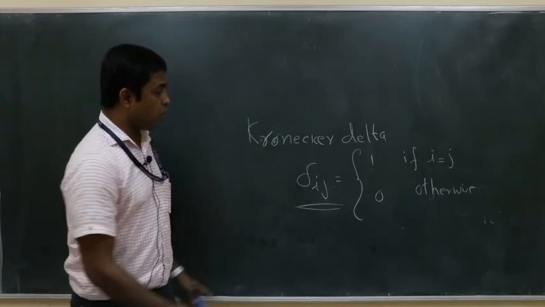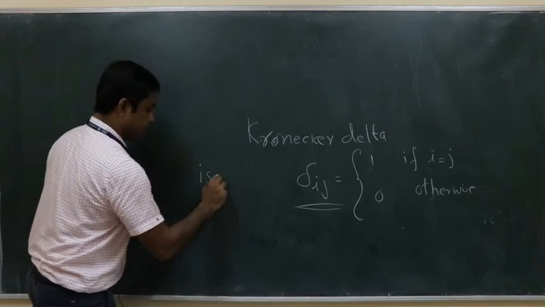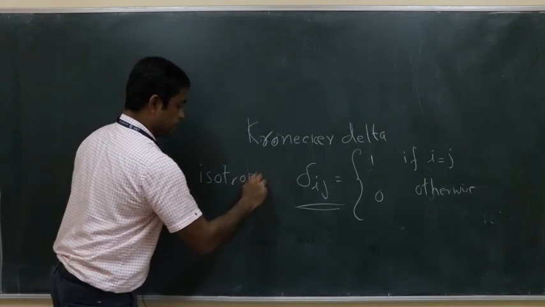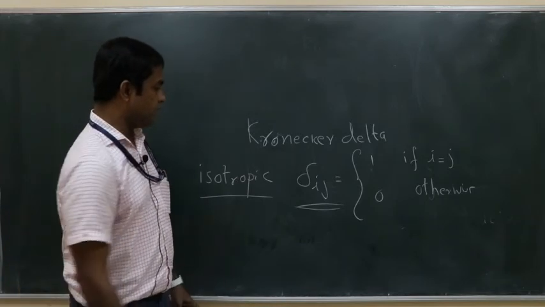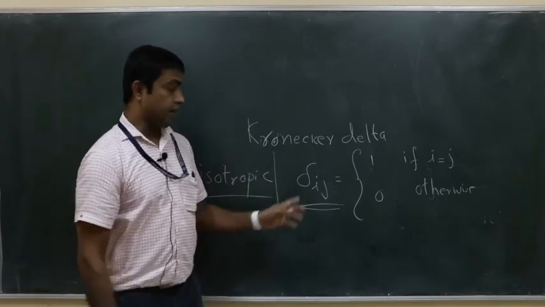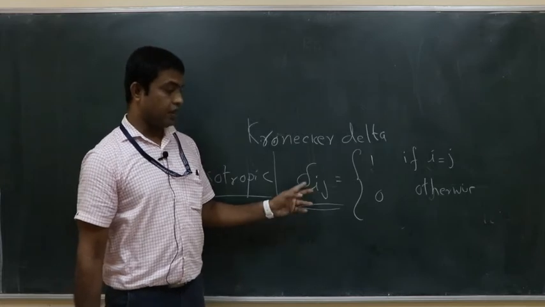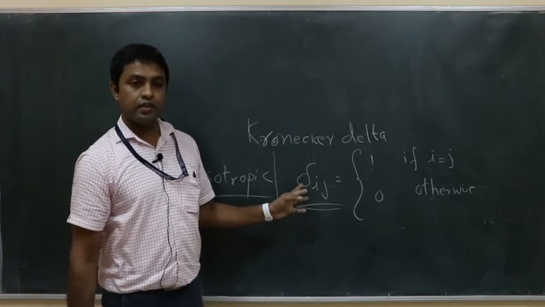It is also called an isotropic tensor. Why? Because under coordinate transformation, the components of this tensor do not change.